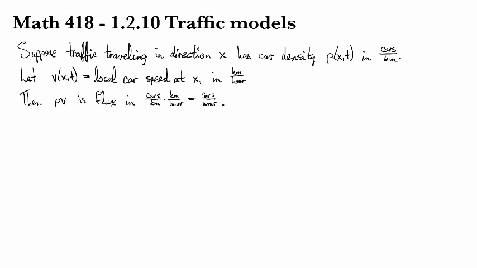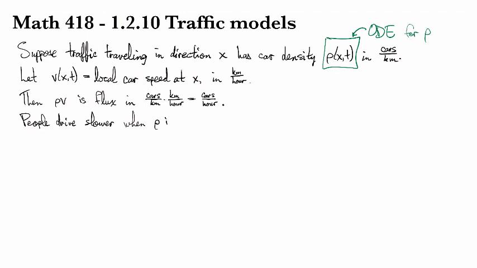Okay, so what we're going to do now is set up an ODE for the density rho. To do that, we notice that people drive more slowly when density is high.